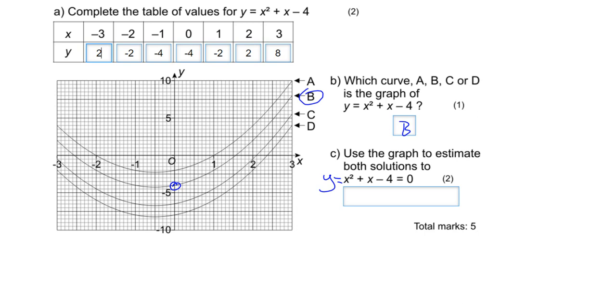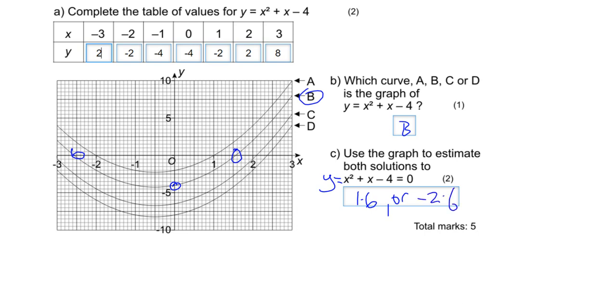So here, if I'm using this graph, I'm interested in that point there. That's when the y value is 0. And I'm interested in that point there. So I reckon that's about 1.6 when x is 1.6. Or back there is about negative 2.6.